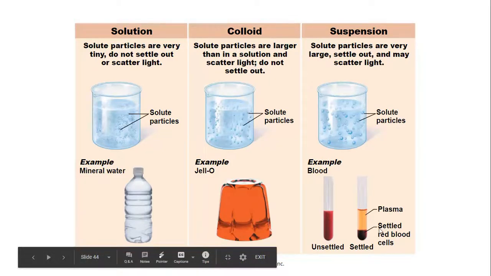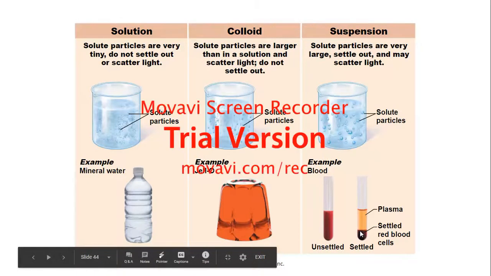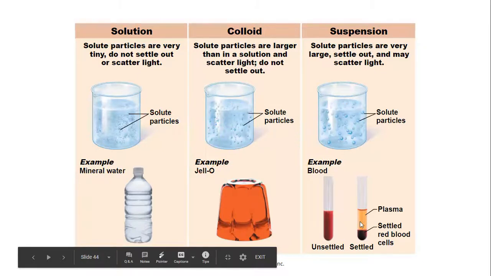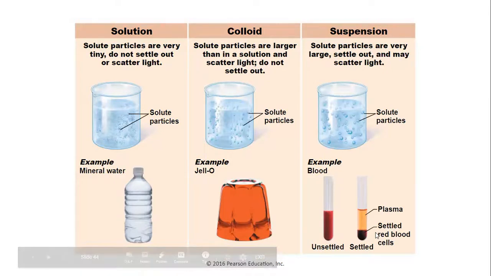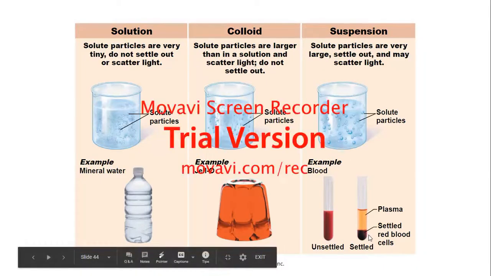You see the settled out red blood cells at the bottom of this example right here. Blood, and what they did is they probably spun it in a centrifuge, all right? And the heavier objects settle at the bottom. In that case, it's the red blood cells. But those particles had settled out of the solution, all right? And you can visibly see the particles with your eyes with this suspension.